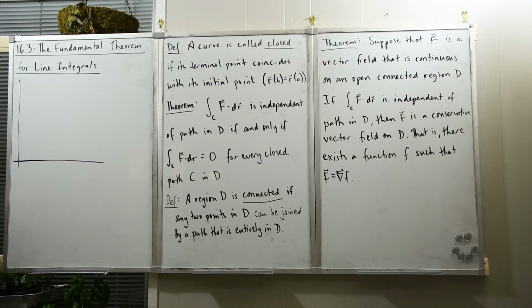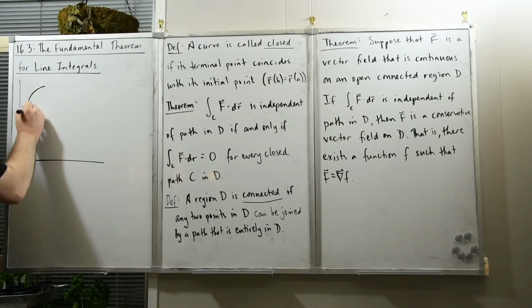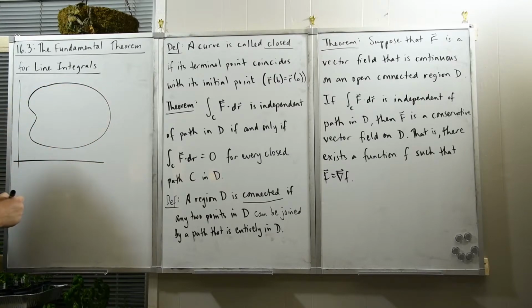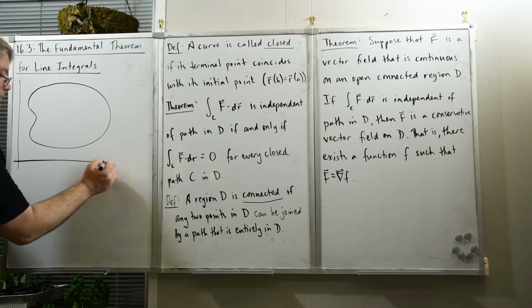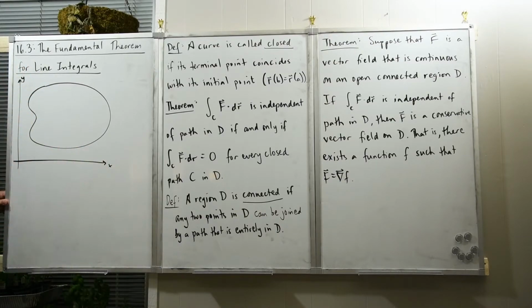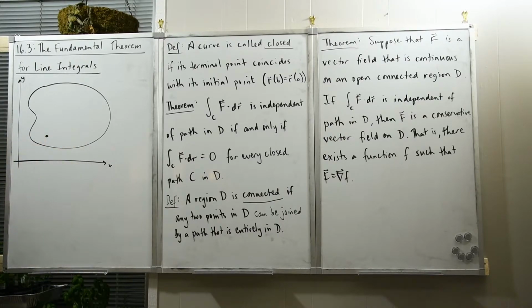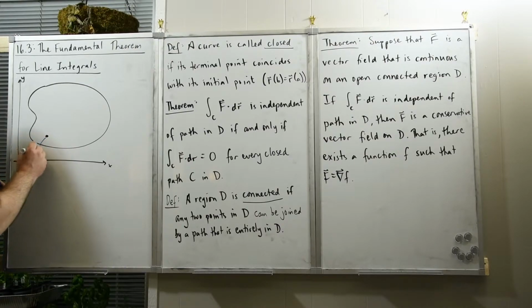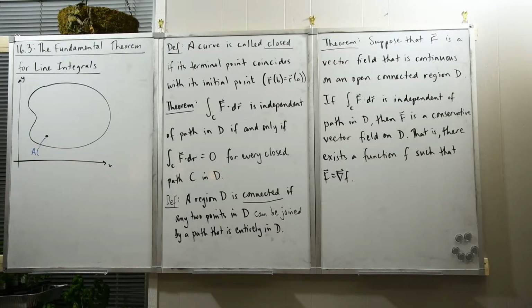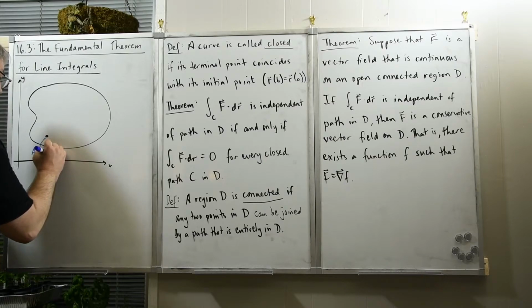Okay, so we'll have some sort of open connected region D, and maybe this region looks something like this. We're also going to have, let's say, some point that we're going to call A, and this will be a fixed point right here. So that's going to be our point A. And let's say that it has coordinates little a and little b.